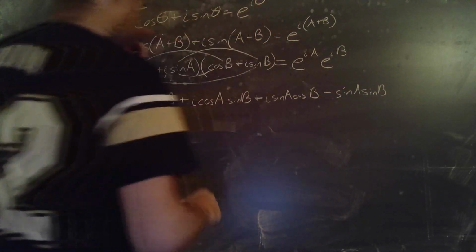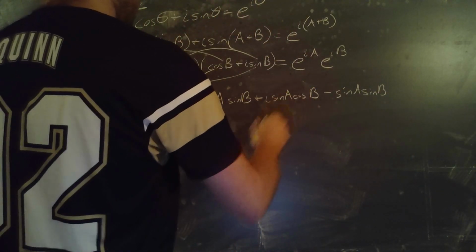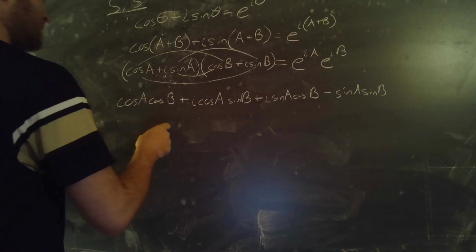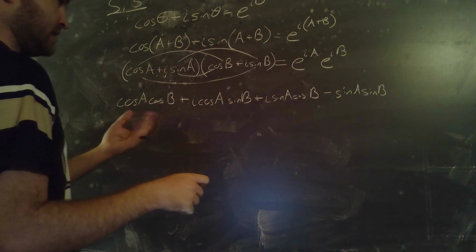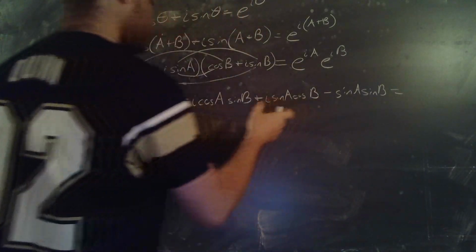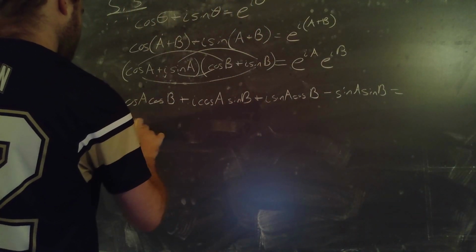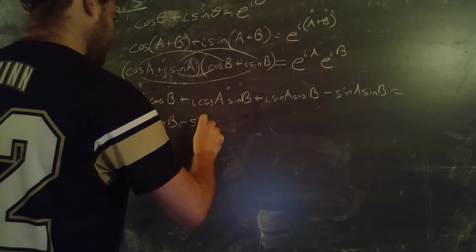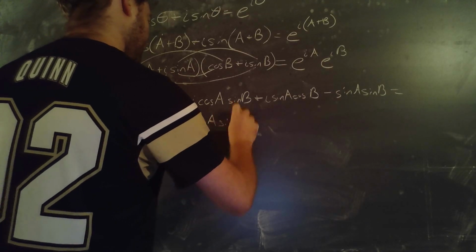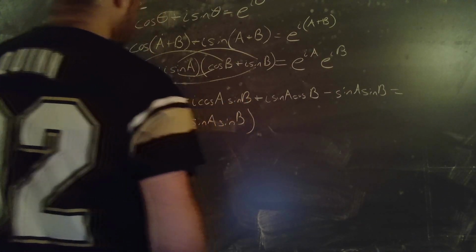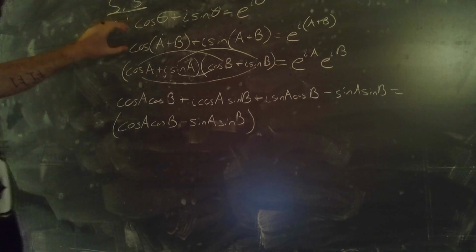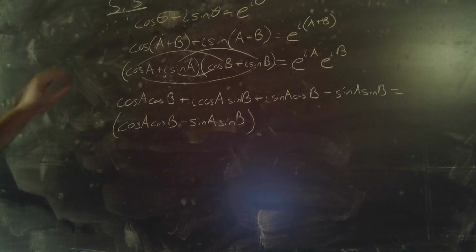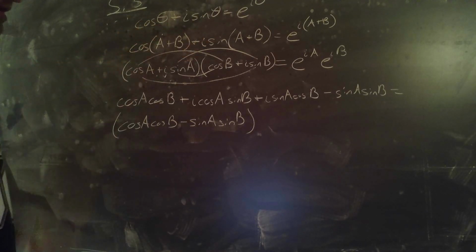But if I collect everything over here, we can notice that the real part of this expression right here is going to be cosine of A cosine of B minus sine of A sine of B, and that's the real part of this expression. So that must be what cosine of A plus B is equal to, because this is the real part of this expression.